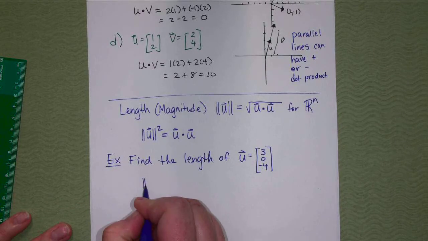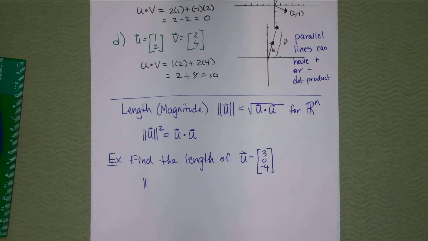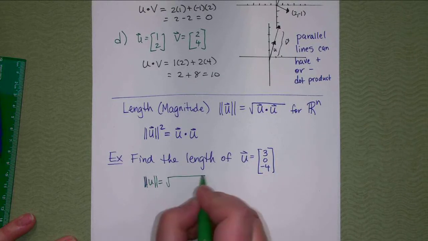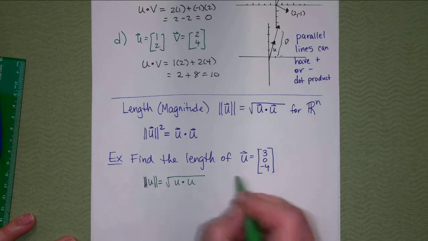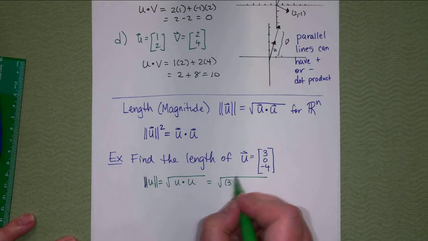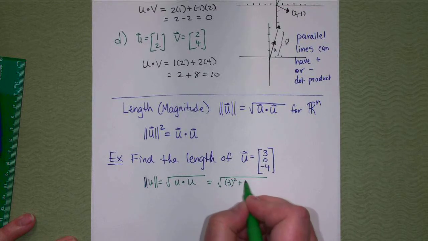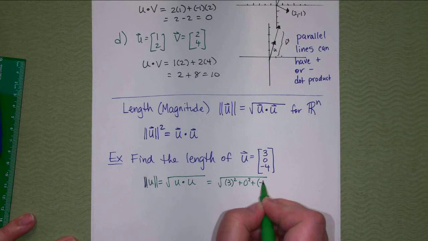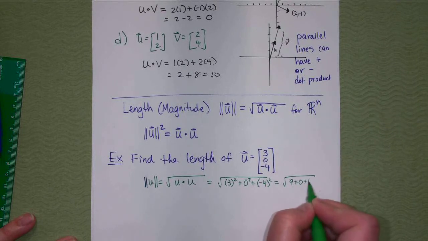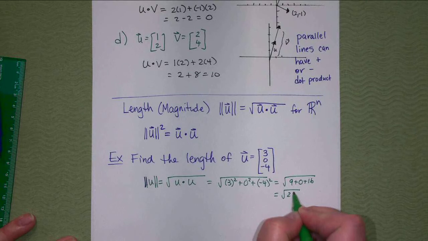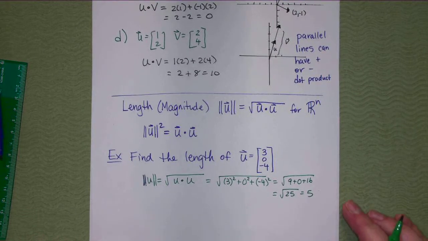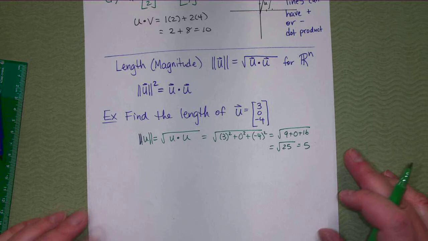So the length is the square root of u dot u, which is 3 times 3, 0 times 0, and negative 4 times negative 4. So 9 plus 0 plus 16 is 25, and the square root is 5. Okay, so the length of this vector is 5, of whatever units these are in.